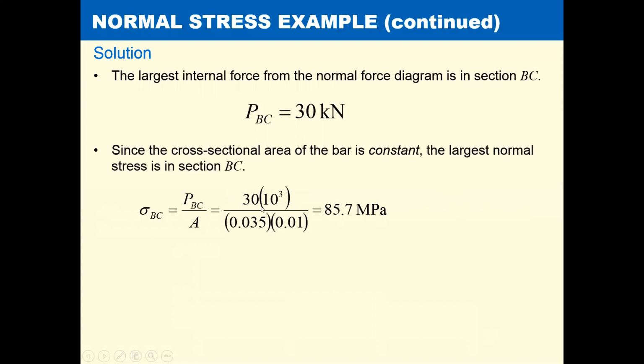You would have now the numerator in newtons, and the denominator would be in units of meters. Now, remember, in the problem, it was given that the depth was 35 millimeters and the thickness was 10 millimeters. So these units here are those dimensions converted into meters.